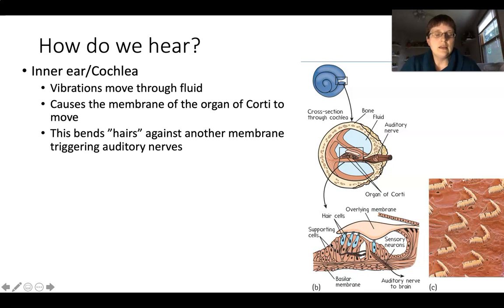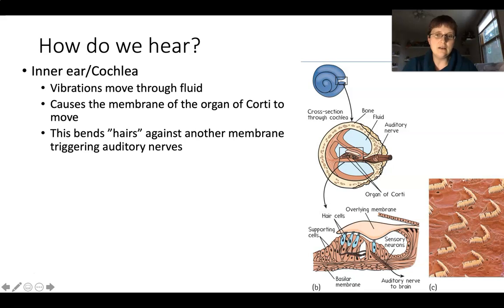The membrane is jiggling against these little guys right here in blue, the hair cells. So the hair cells are our receptor cells. Remember, with senses, the first thing that is going to create the sense is the receptor cell. So it takes us all the way up to this point before we actually get to the receptor cell for our sense of sound. We have to make it all the way through the cochlea to the organ of Corti to be able to get to these hair cells.